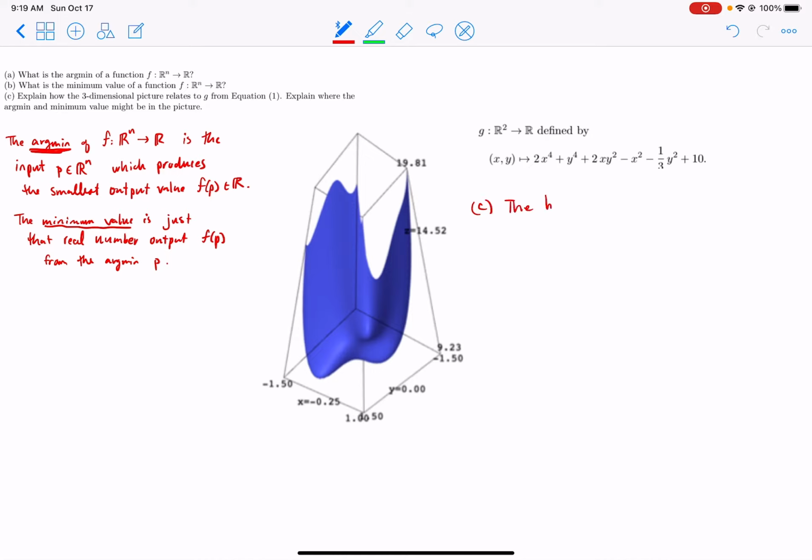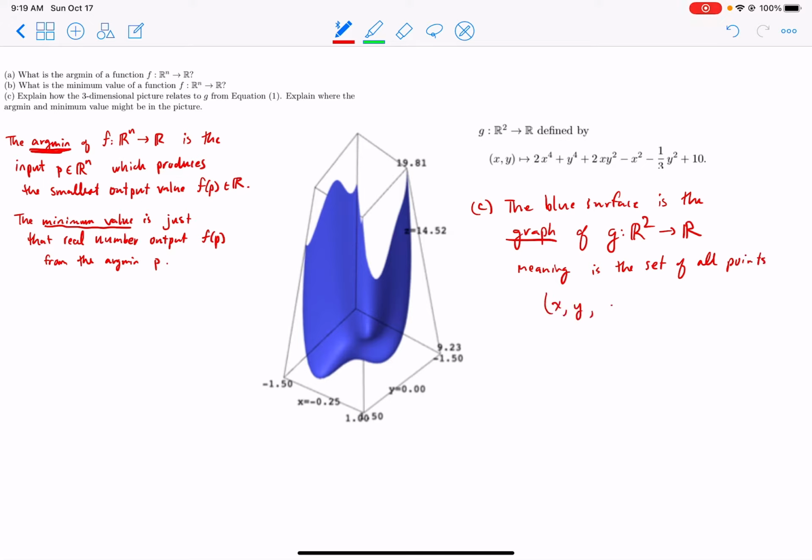Okay. So explain how it relates to, well, let's see. The blue surface is the graph of the map G. Meaning the blue surface is the set of all points in three-dimensional space of what form?